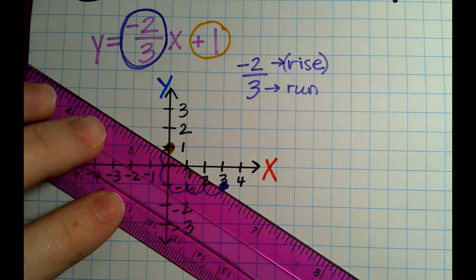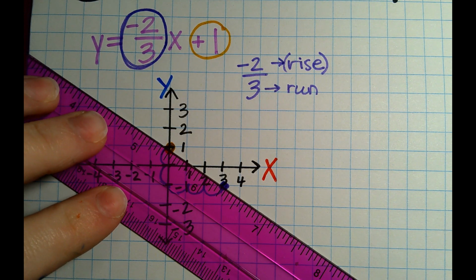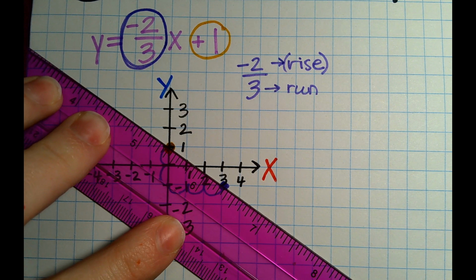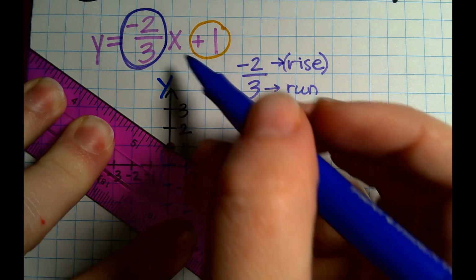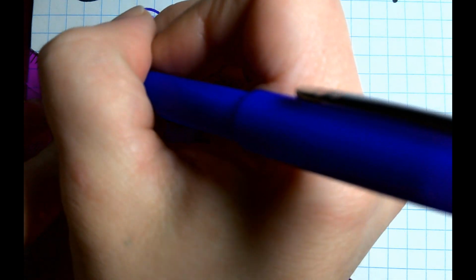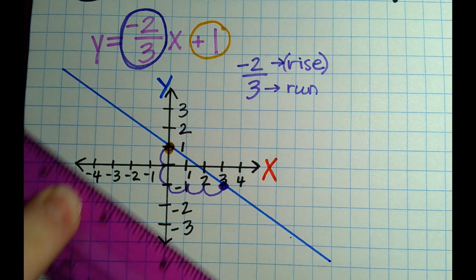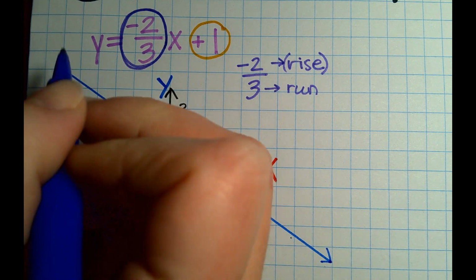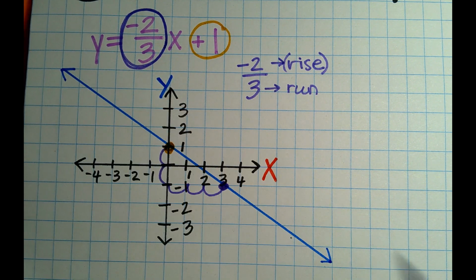So I will get as close to those points as I can. And I will draw a line through and put little arrows on either end.